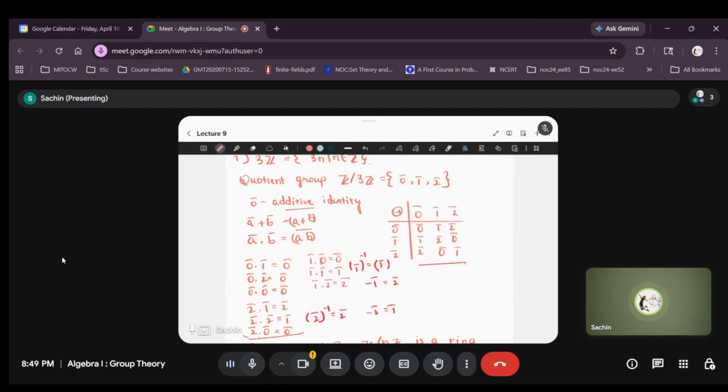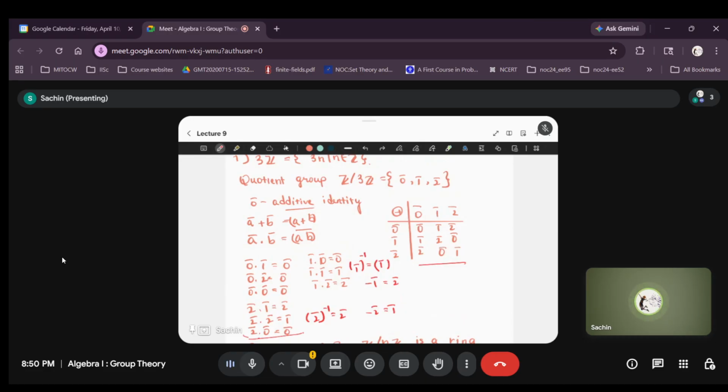So as long as I tell you the result of the multiplication between any two of the elements, and the result of addition of any two elements, that is actually enough. So even someone who does not know anything about modular arithmetic can verify that this is a ring.